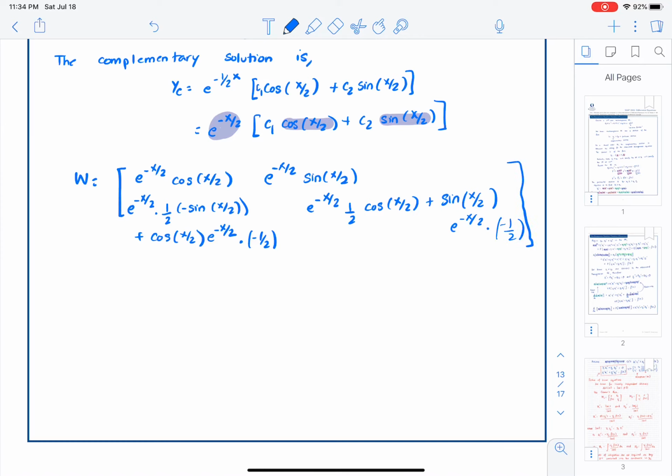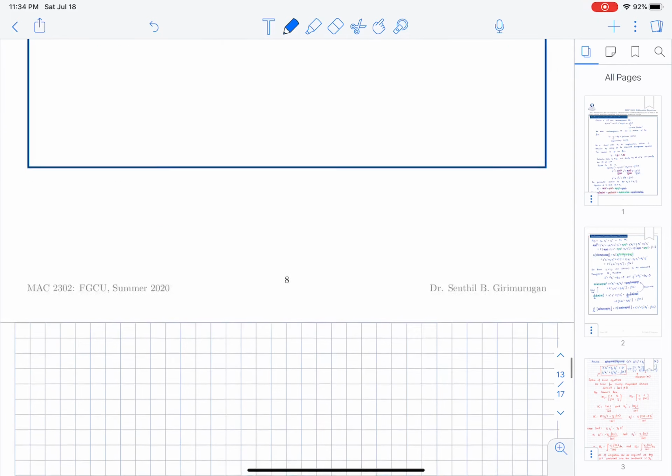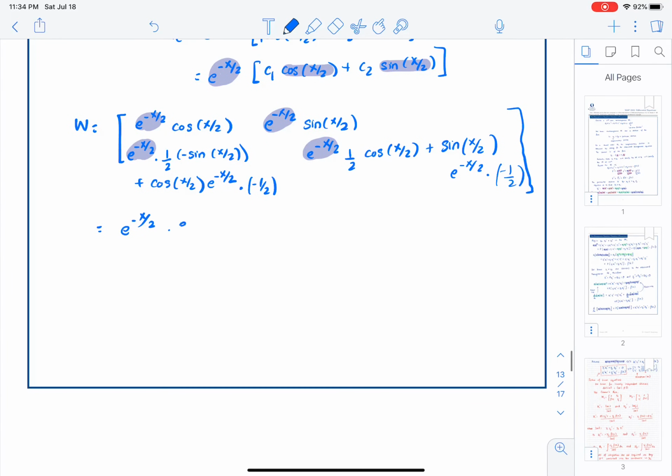Now, before we complicate this problem with all sorts of cosines and sines, one of the nice properties of matrices is that if we have a constant term or like terms, we can pull that out. So first row, I'm pulling e raised minus x over 2 out. From the second row, I'm going to pull e raised minus x over 2 over 2.